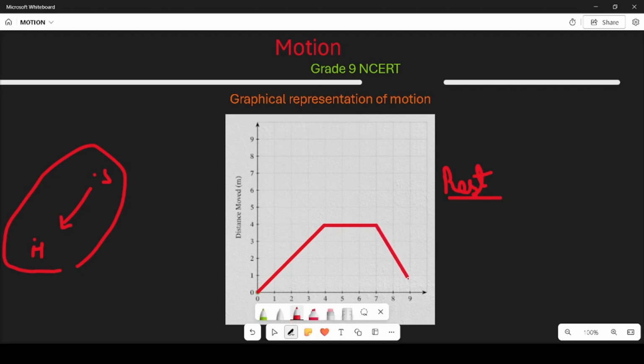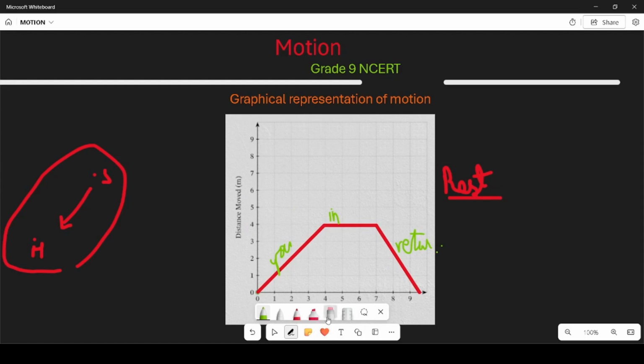By just drawing a downward slope. Now you can see that this is in the shape of a trapezium. This is you going to school, this is you in school, this is you returning home. So that's how you can represent an object going to a place and returning to its original position.